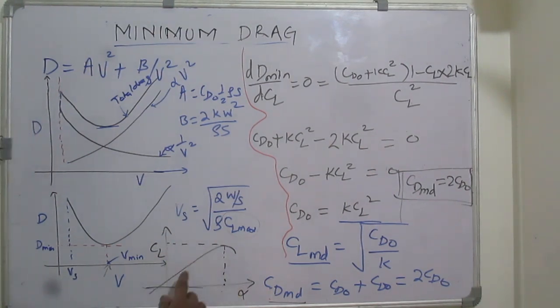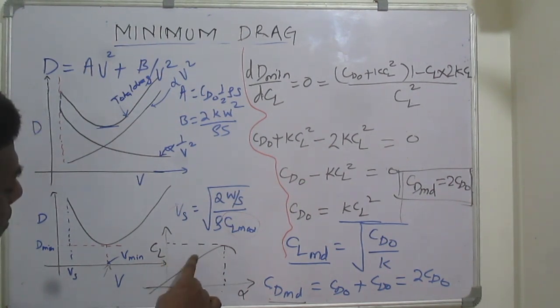As long as lift increases, the drag also increases. That is a consequence that cannot be avoided, but the increase in drag can be minimized, which we try in many ways.